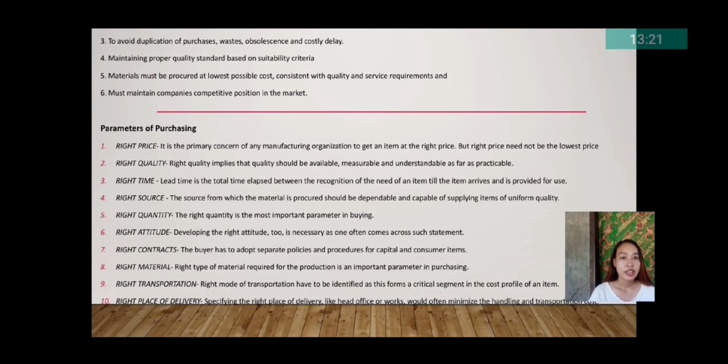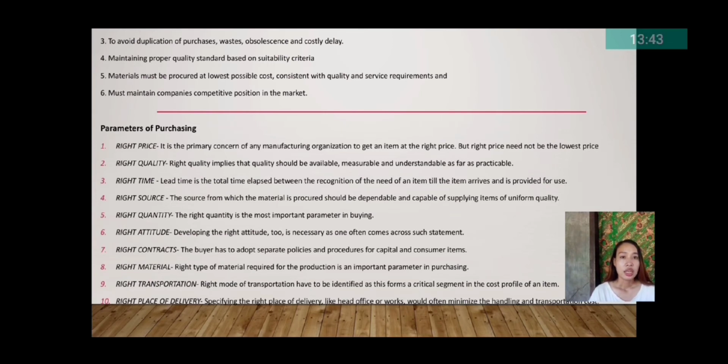The buyer has adopted separate policies and procedures for capital and consumer items. So, dapat right contacts, exactly tama yung pag-contact para dili magkawatak-watak.